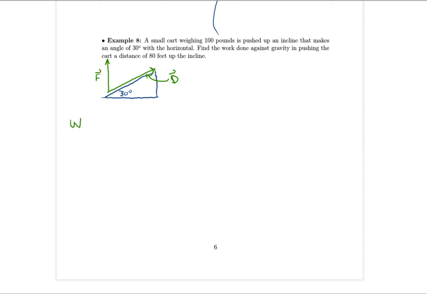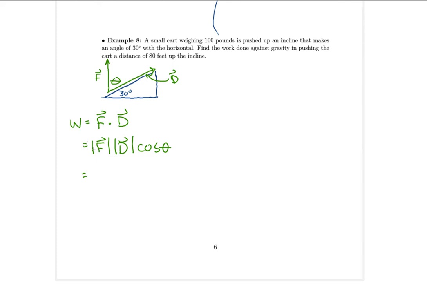So just to outline the two ways we can do this, on the one hand, I could say this is magnitude of force, magnitude of distance times the cosine of the angle between them. That would be this angle. But we know that angle. If this is 30 degrees, that's got to be 60 degrees.